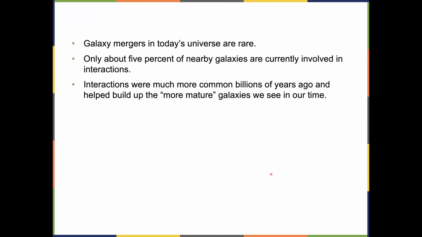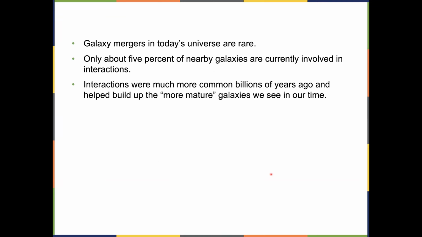And if you look at today's universe, galaxy mergers are very rare. Only about 5% of nearby galaxies are currently involved in interactions. And interactions were much more common billions of years ago, right? You can think that in the early universe, they were very close by, and the environment was completely different.